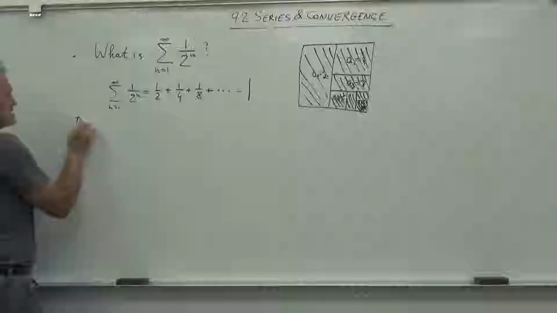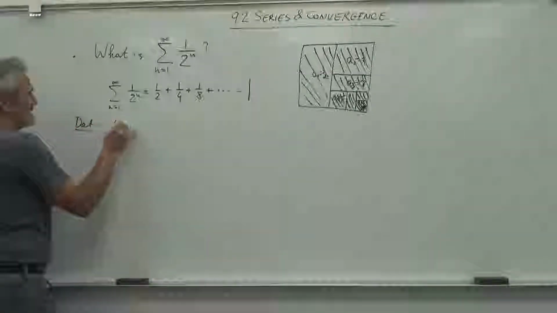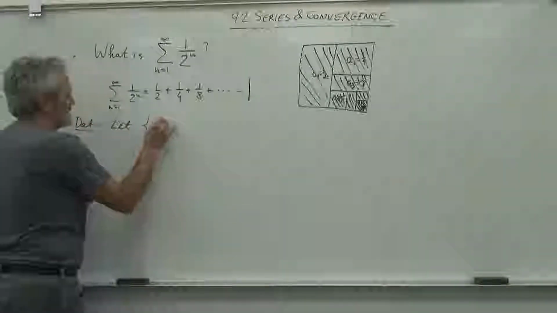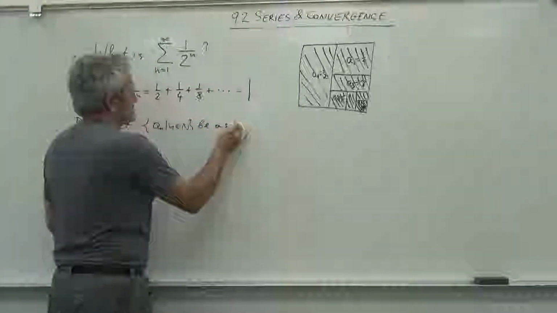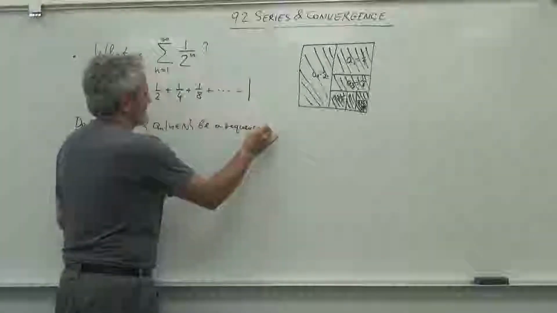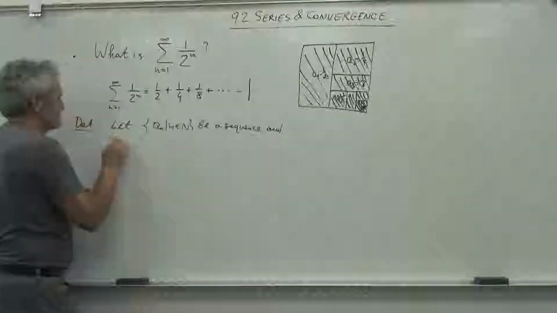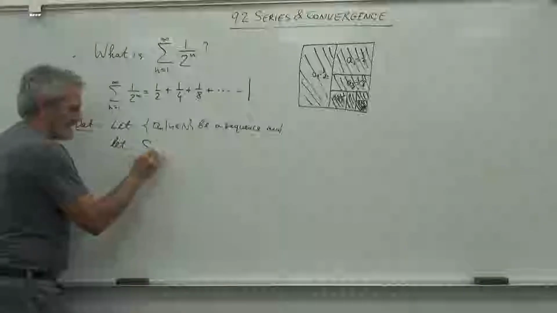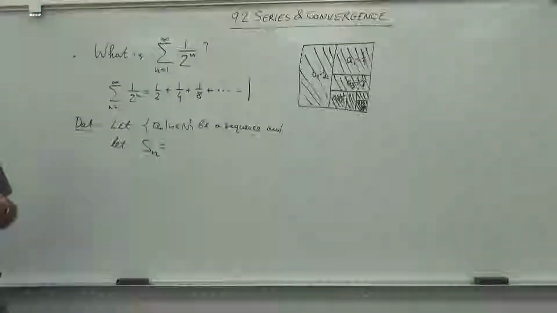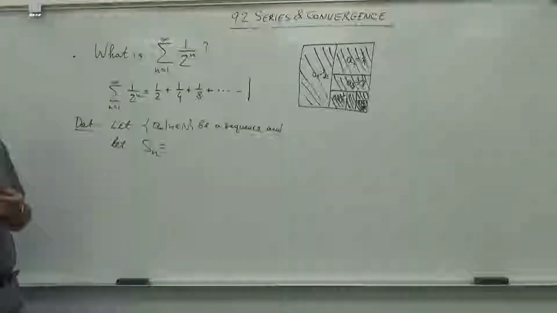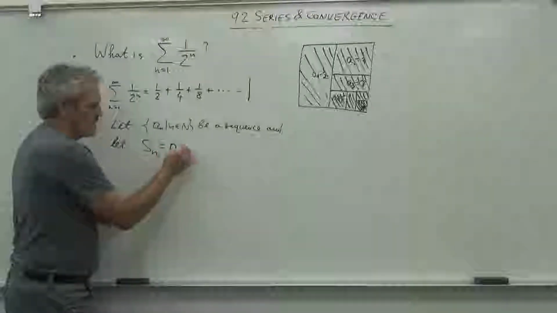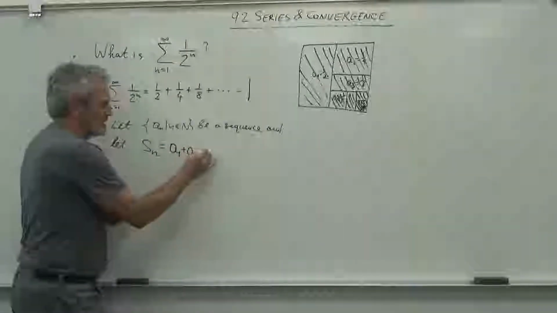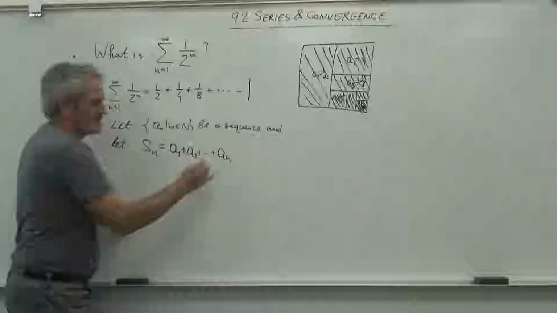So here's the definition. Let a_n, when n belongs to the natural numbers, be a sequence, and let S_n be... So generally when we talk series, we don't really discuss individual behavior of each of them. What we do is just add up the first n members, A1 plus A2 plus up to an.